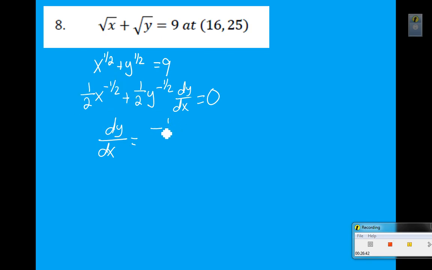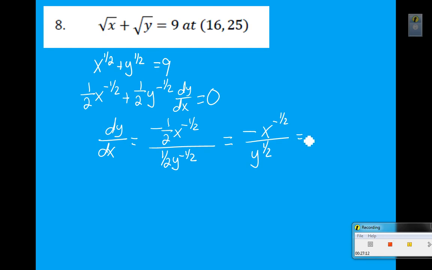So I'm going to have negative 1/2 x to the negative 1/2 divided by 1/2 y to the negative 1/2. There's what I've got so far. Well, negative 1/2 over 1/2, those are going to cancel out, leaving me negative x to the negative 1/2 over y to the 1/2.